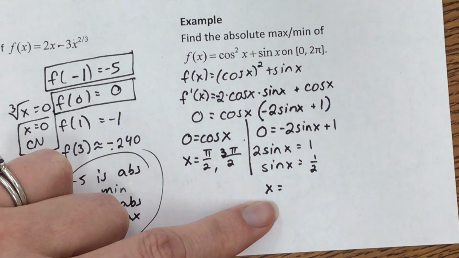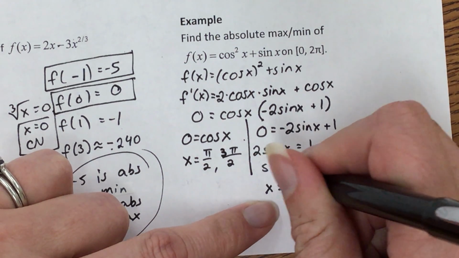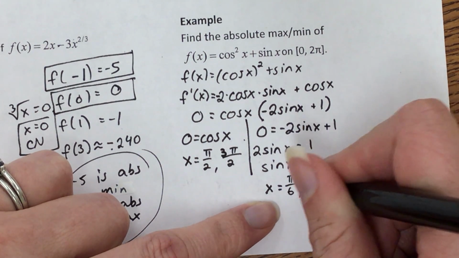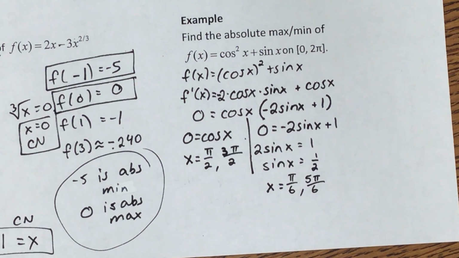That would be root 3 over 2. Nope. We're looking for pi's. 1/2 for sine is when we got pi over 6. There we go, pi over 6. And 5 pi over 6. Hint, it's always going to be the same denominator when you're looking for these.